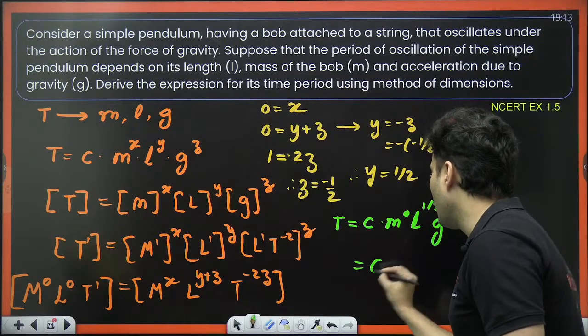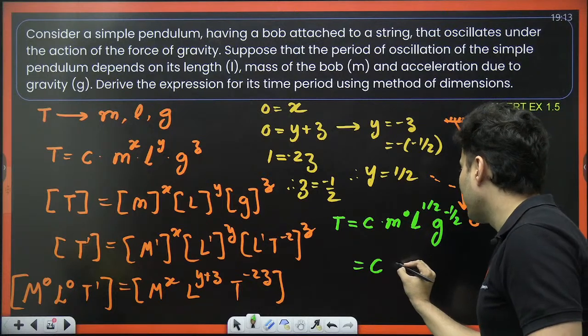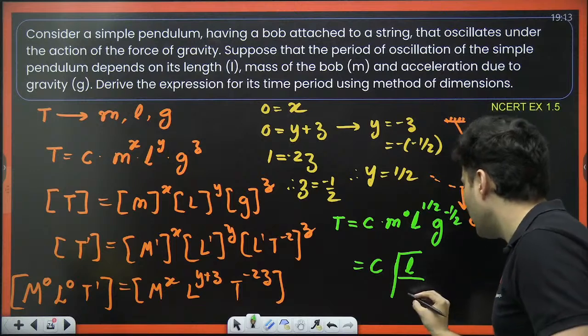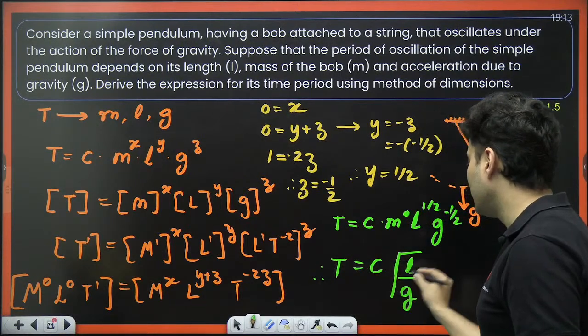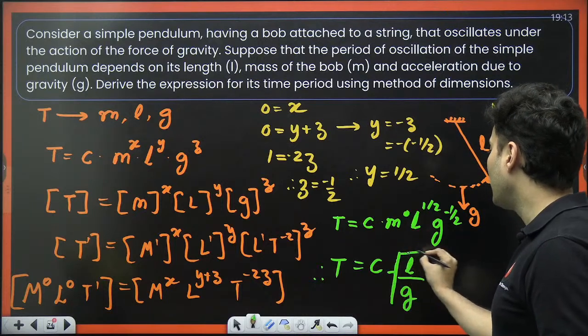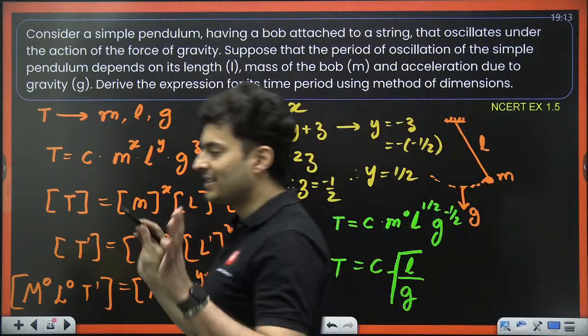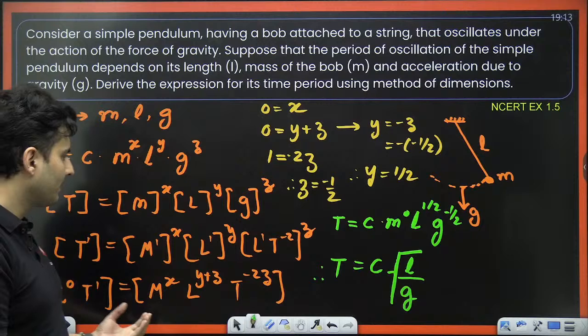So this will be constant. M raised to 0 is nothing. Length's power is half, so root of L. And g's power is -half, so root g below. So time period will be some constant root L by g. That's the answer. Understood how to solve this, my dear students?